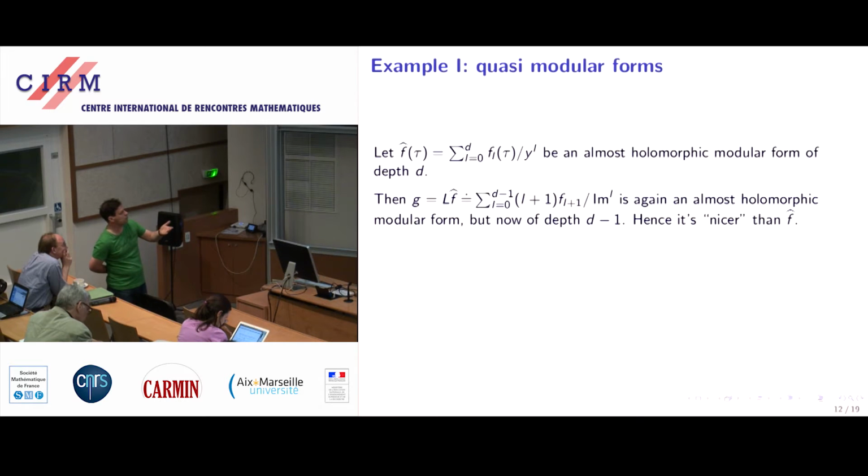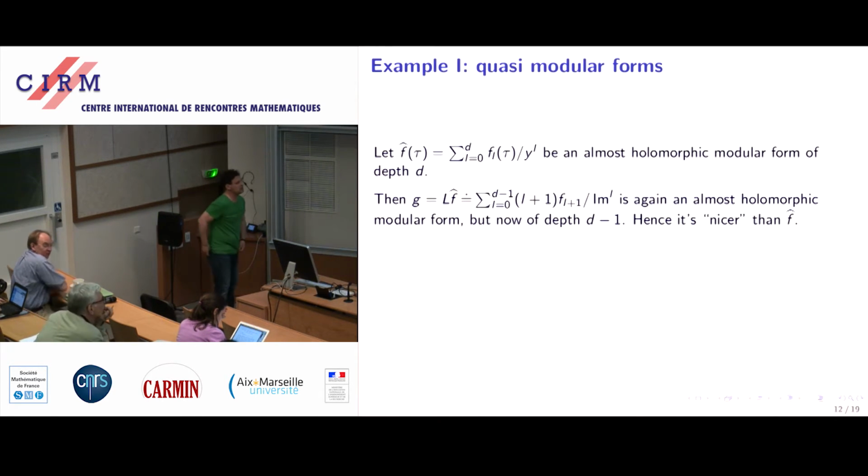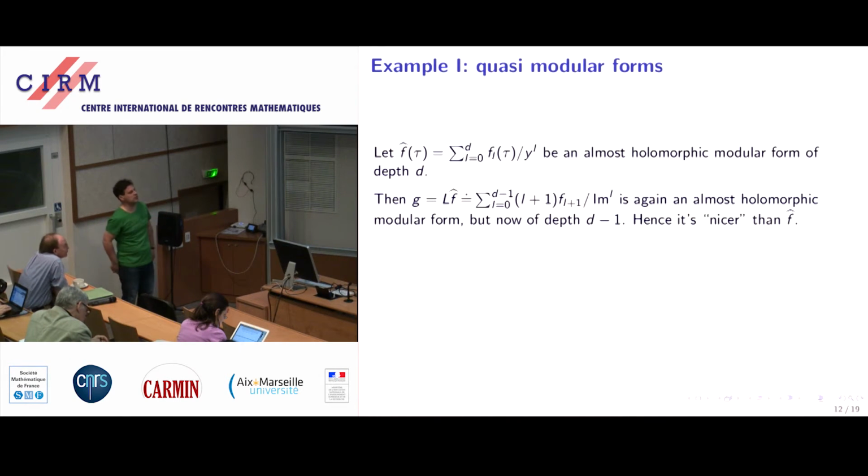It has the same form. It's still modular. So that means it's, again, an almost holomorphic modular form. Nothing changed there. But the depth has gone down. It's now a polynomial of degree d minus 1. So in that sense, it's nicer than the things that we started with. The depth has gone down. It's less complicated. It's less deep. So that's what, in this context, nicer would mean.